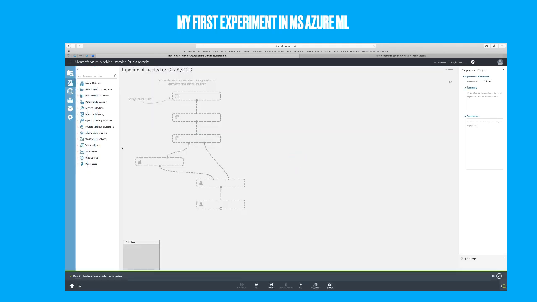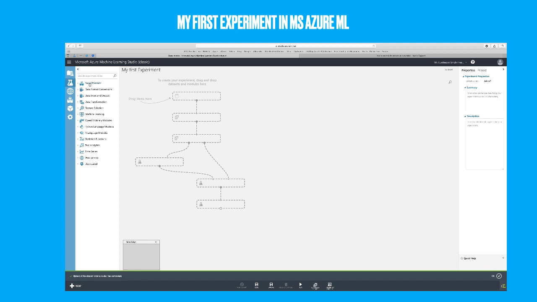Once I say blank experiment, over here I can change the name, and I can put the name as, for example, my first experiment.